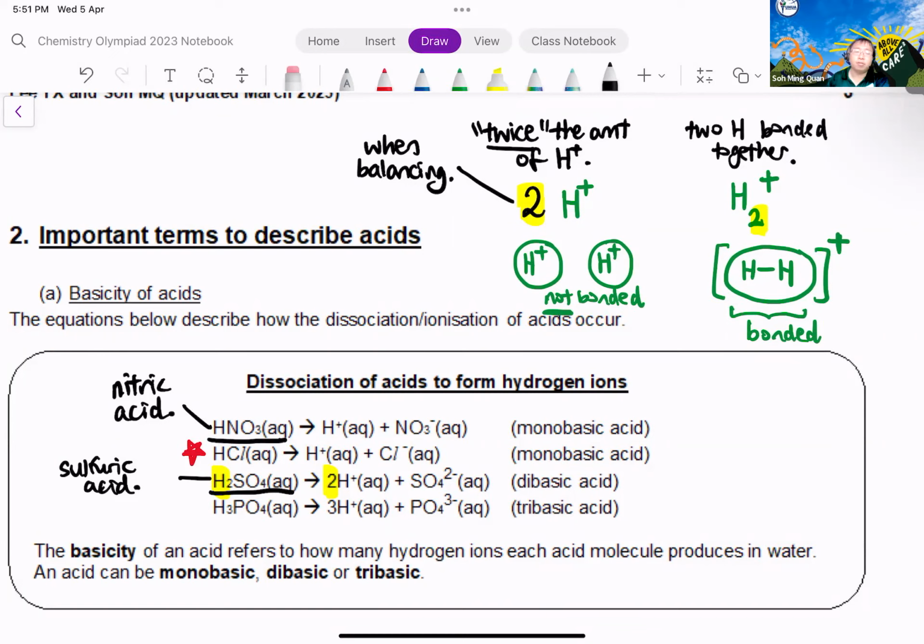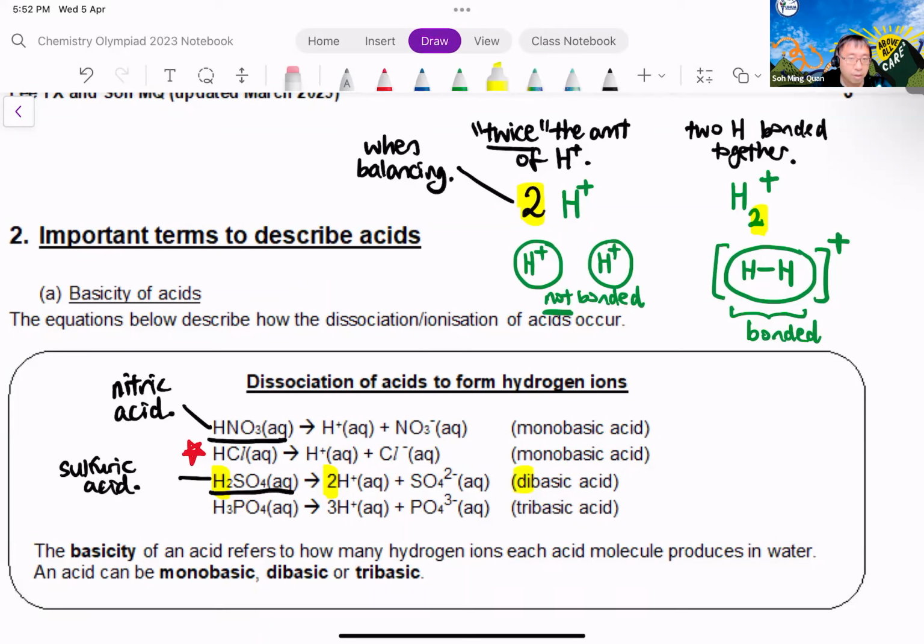Okay, so now we write 2H+ because it still produces H+. Acids produce H+, just that sulfuric acid produces twice the amount of H+. And because it produces twice the amount of H+, it is known as a dibasic acid.